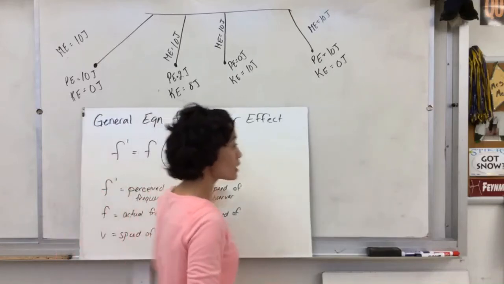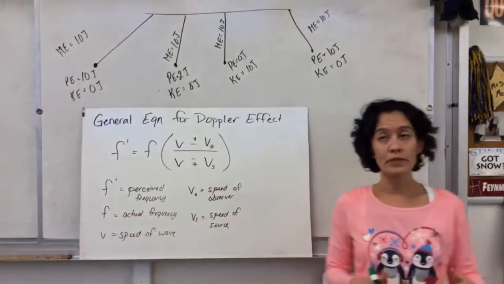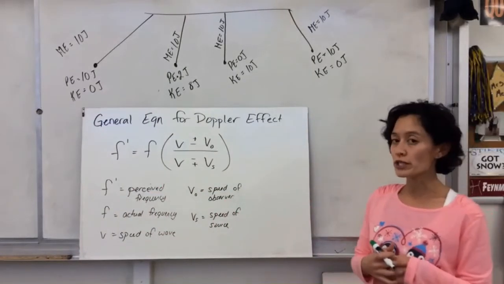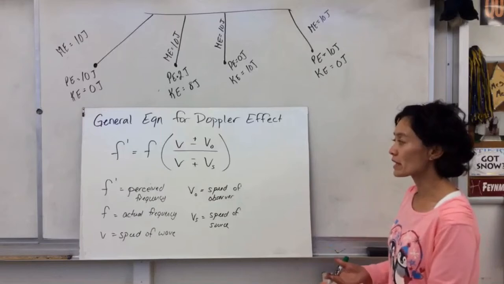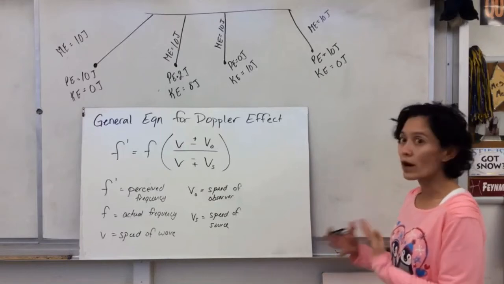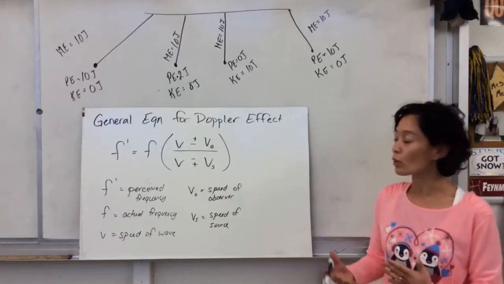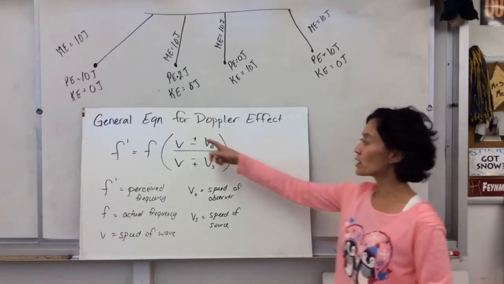Sometimes just the observer is moving or just the source is moving, and sometimes they're both moving. So you really have to know what speed is associated with what object. Now let's talk about the plus or the minus.